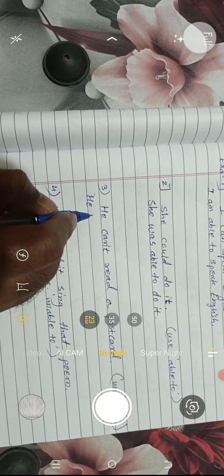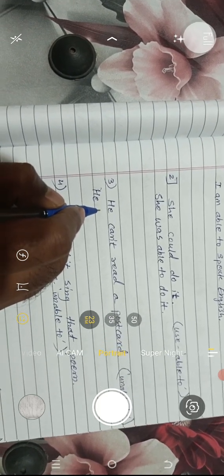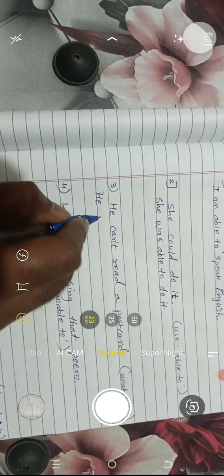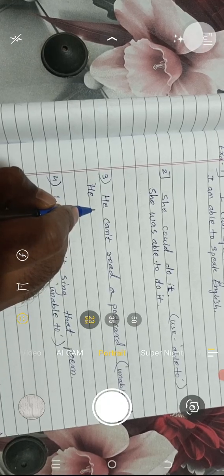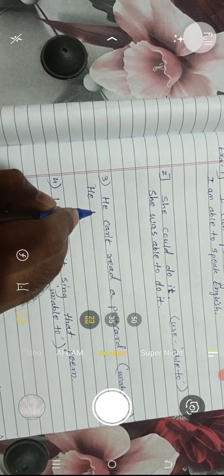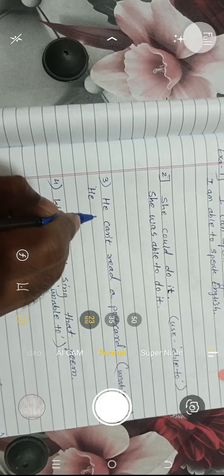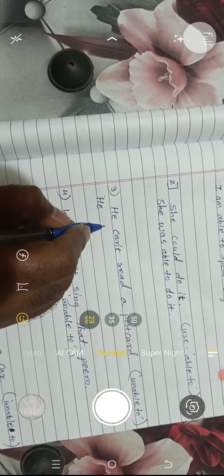and then here cannot is used, means can't, so we have to take the correct to be form according to our subject. So here we should select from the to be present forms, because the subject is he, that's why we should choose is.